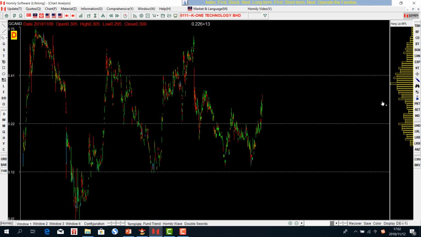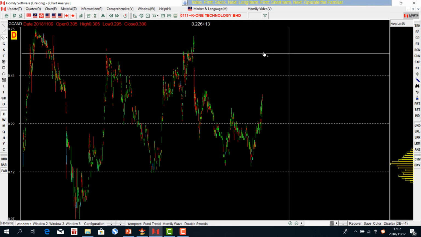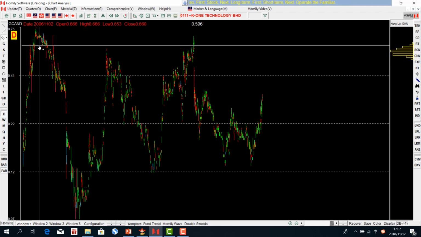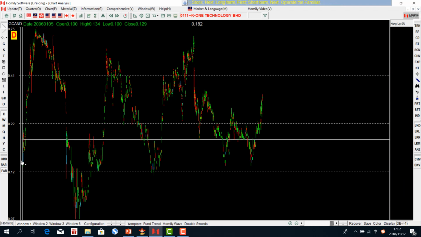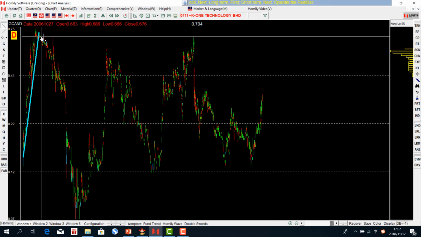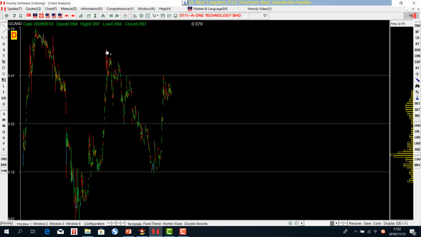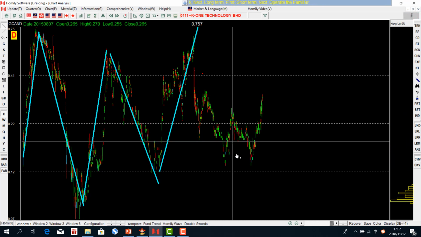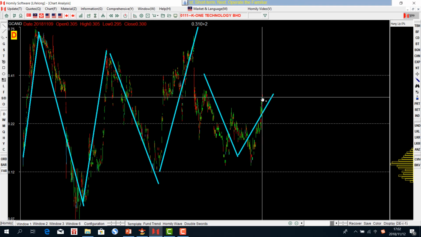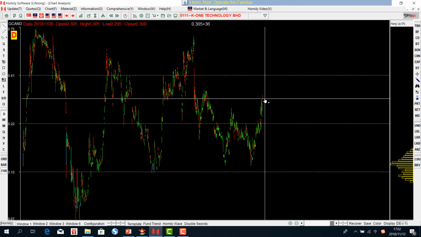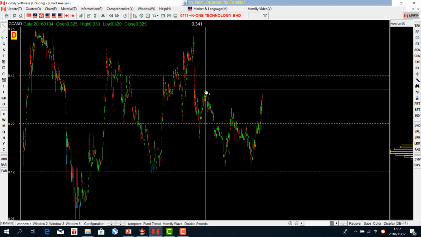When we zoom out, we find that this counter is just a big sideways, right? Because we can see it is an uptrend, downtrend, uptrend, downtrend, uptrend, downtrend, uptrend. So it is an uptrend right now, and the nearest resistance is the previous high point.